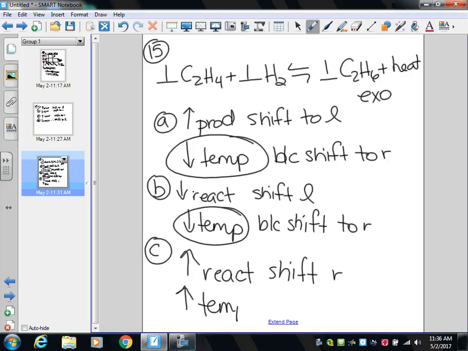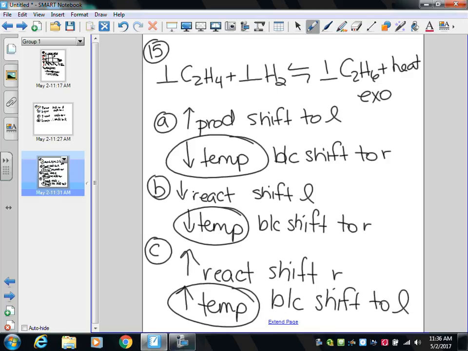I'm going to increase my temperature because that's going to cause a shift to the left. Okay? Ready for the next one?